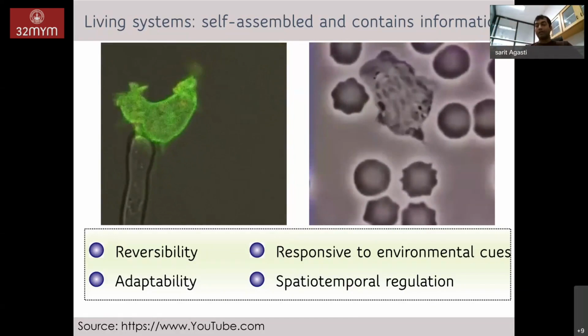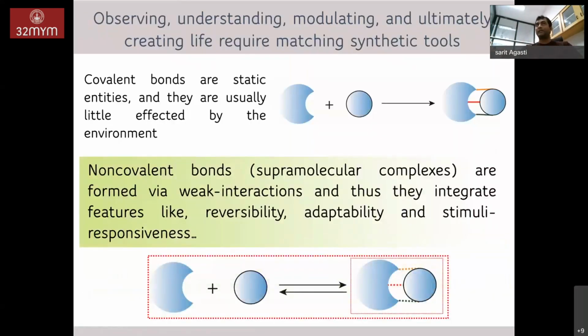By looking at these important aspects present in biology, we would like to take this information and replicate it in a synthetic system so that we can study, understand and modulate the biological system, and also create something which matches life, like synthetic life. For that, in terms of chemical aspects, you can think about two approaches.